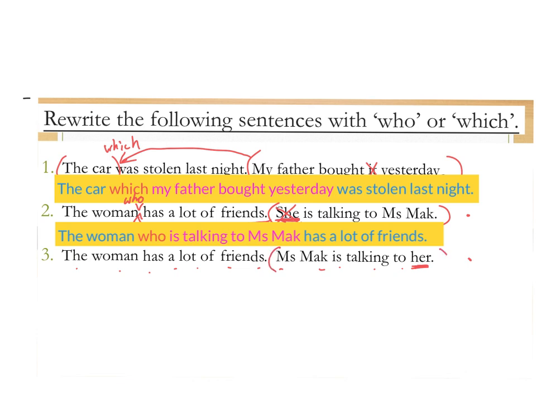So, Miss Mac is talking to her. I'm giving you more information about the woman. So, I put this part behind the woman. Again, I add the word relative pronoun who, because the woman is a person. And then at the same time, I delete the woman from the later part of the sentence.